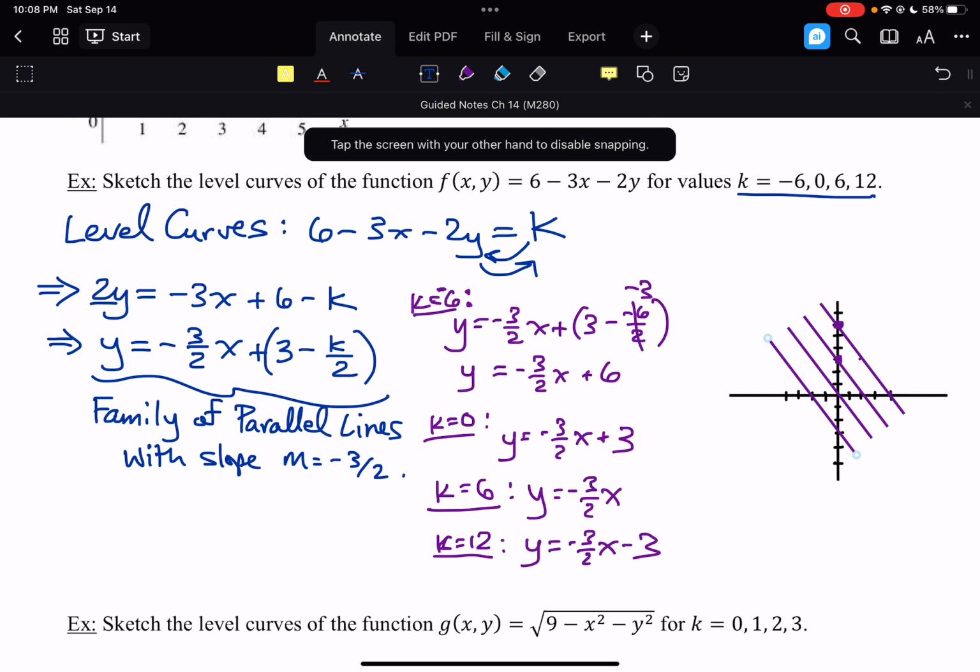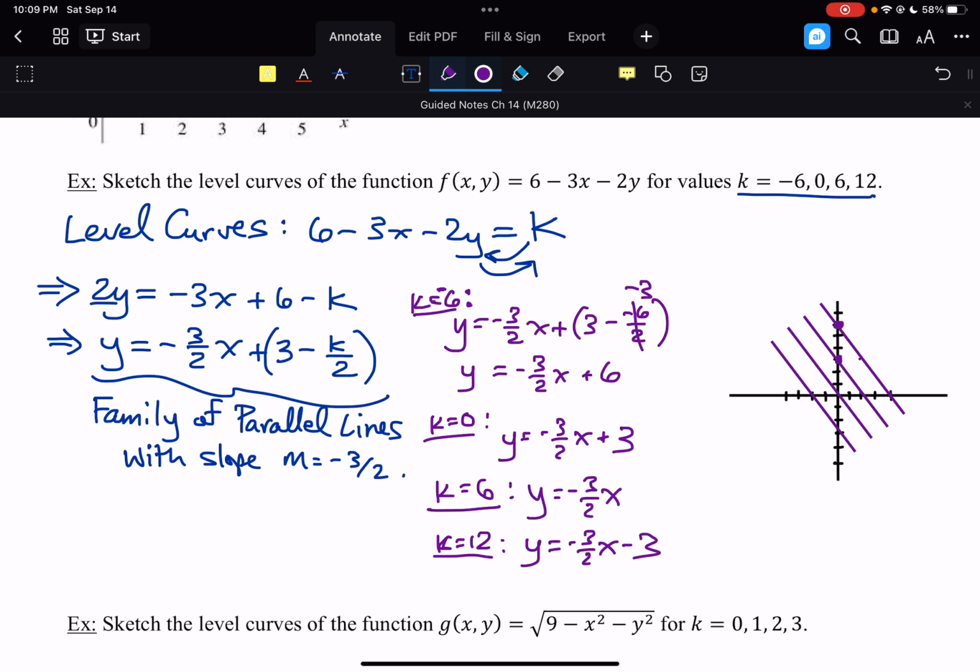So as you can see, our level curves here are going to be this family of parallel lines. But not only are they parallel lines, but these are equally spaced parallel lines. So notice that the values of k were all equally spaced, and then the lines themselves were also equally spaced.